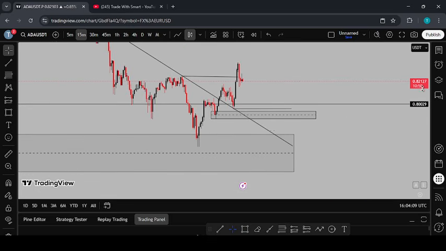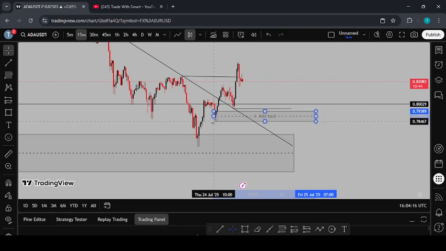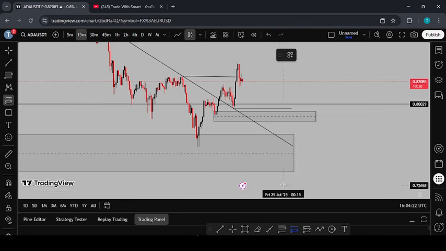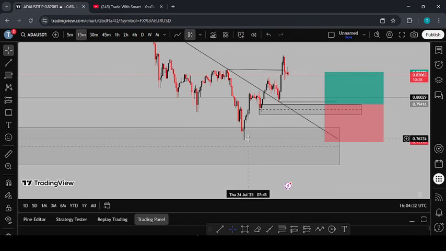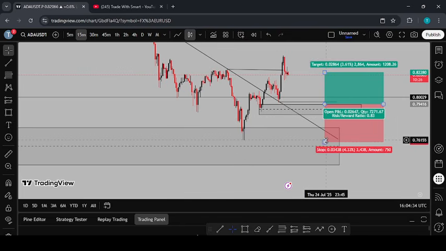Remember, we did the top down analysis. Price can still want to take this out, right? So what do I want to do? If I want to buy from here, since it's also below the 50% fib level, if I'm placing a buy here, I would want to put my stop loss even below this POI, below this previous low.